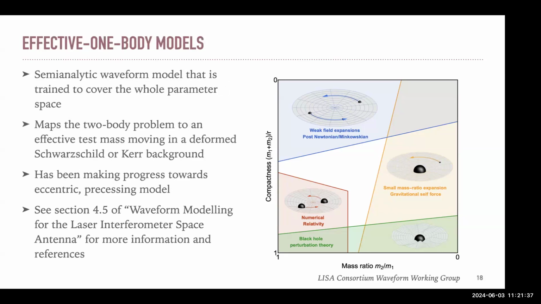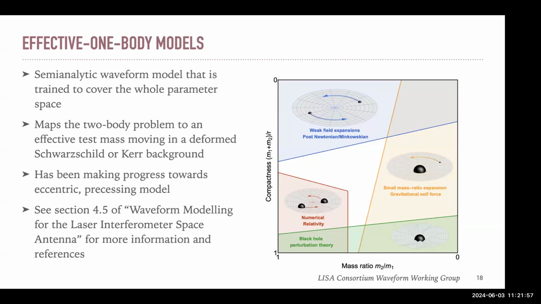Then there are effective one-body models, for example, which are semi-analytic waveform models that approximate the whole system by mapping the two-body problem onto an effective test mass that moves in a deformed space-time.